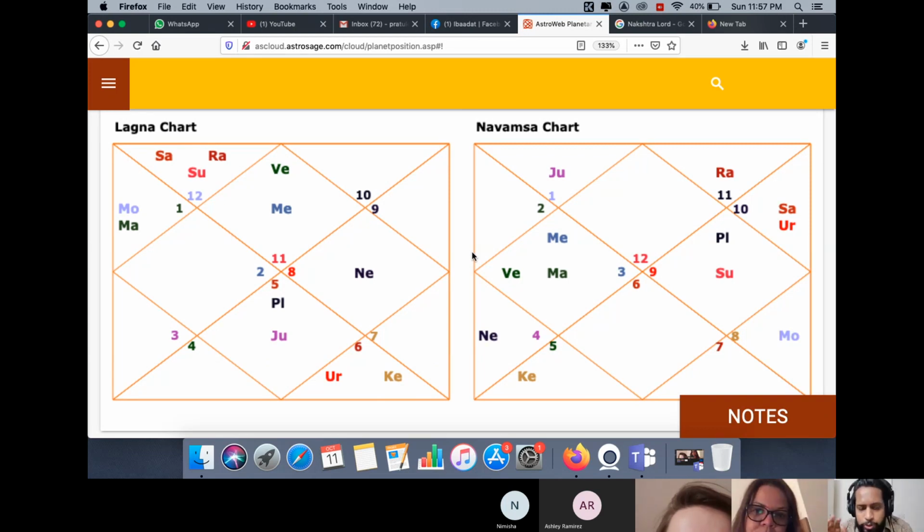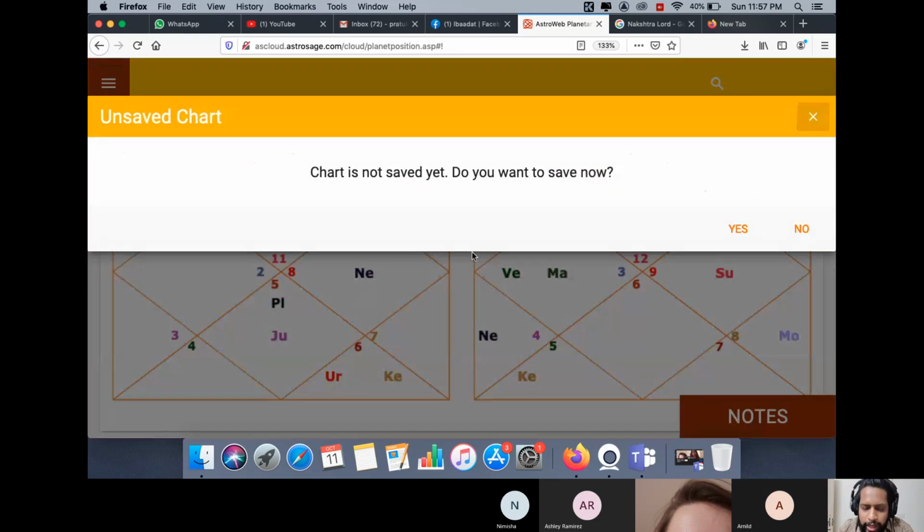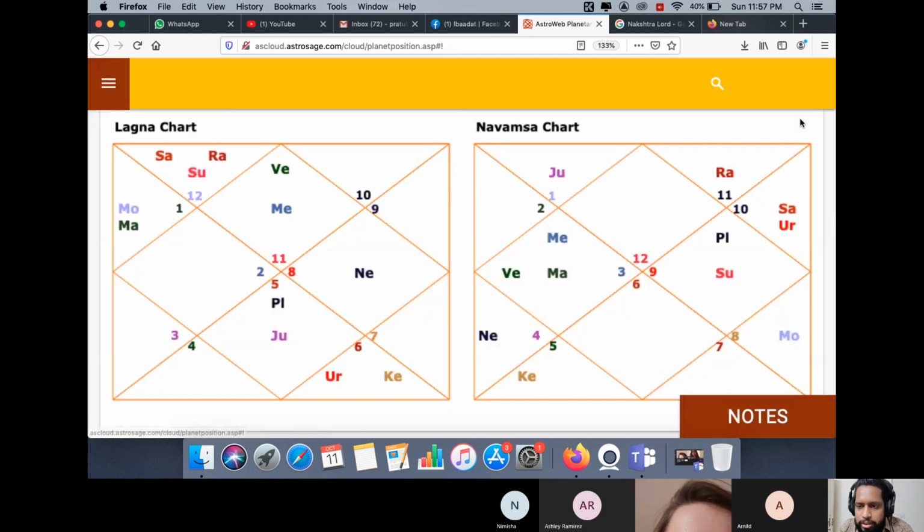You don't even have to see the sign and the house here. Whenever the Sun and Saturn combination is there in any person's chart, you will see that this person will always go for the truth.